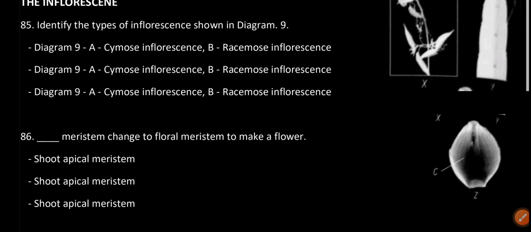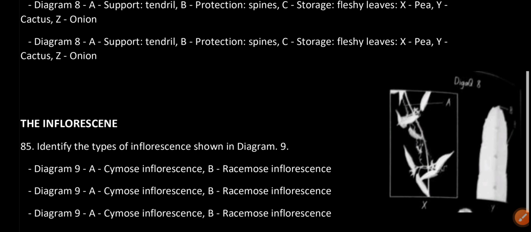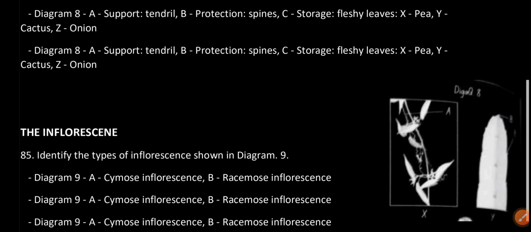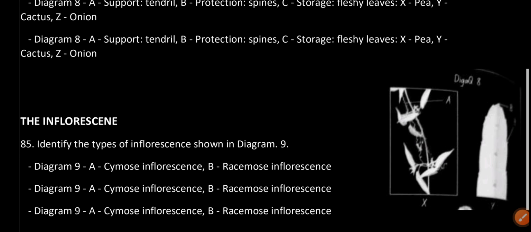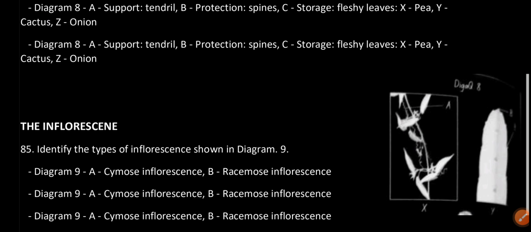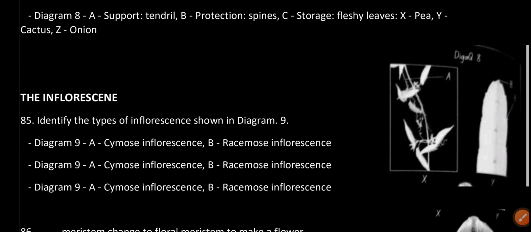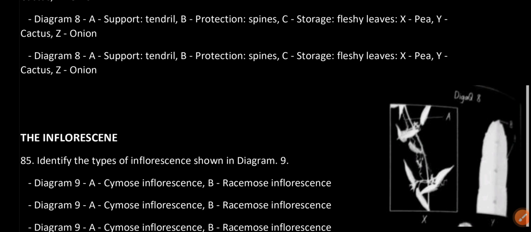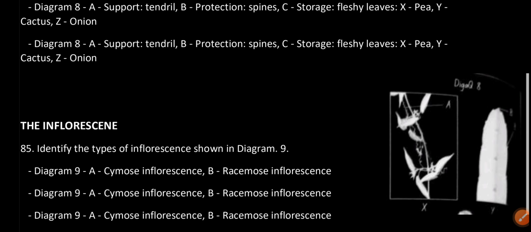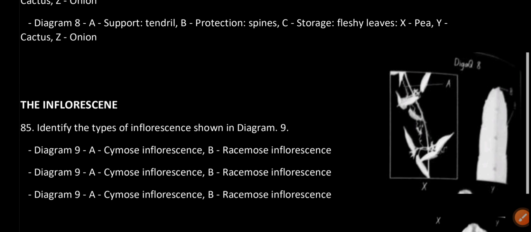C is storage, fleshy leaves. X is pea, Y is cactus and Z is onion.